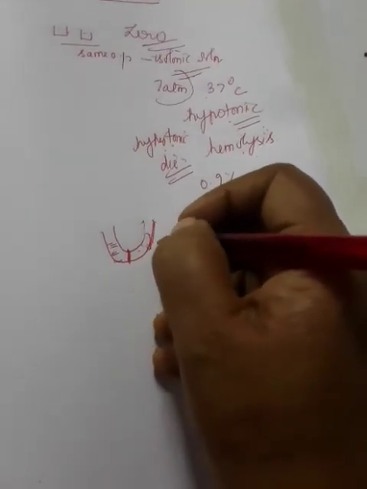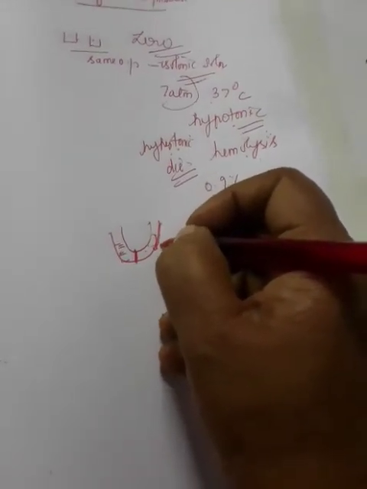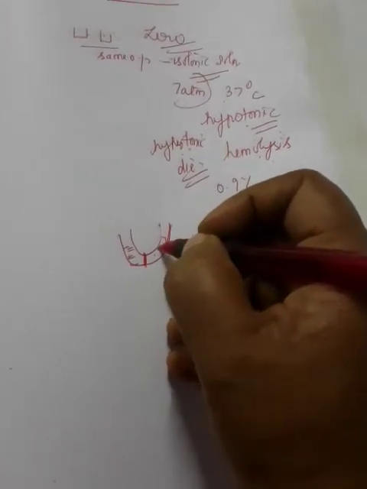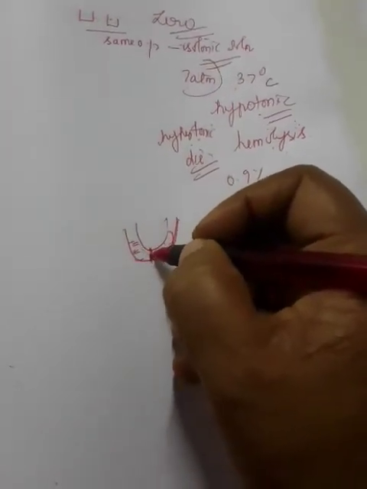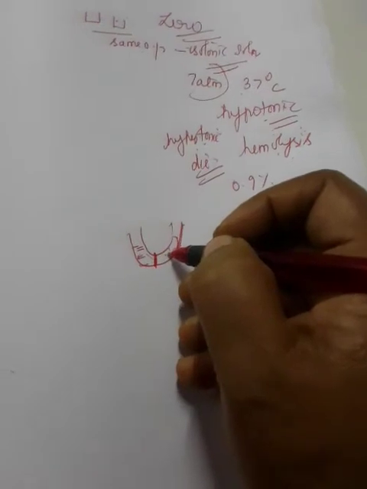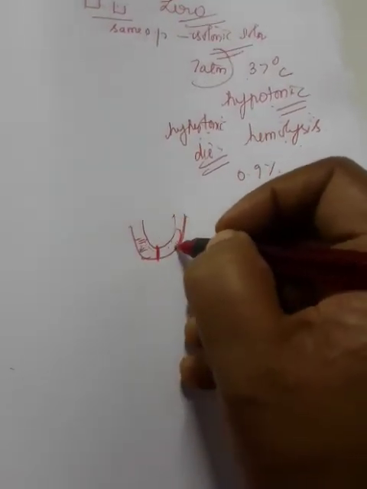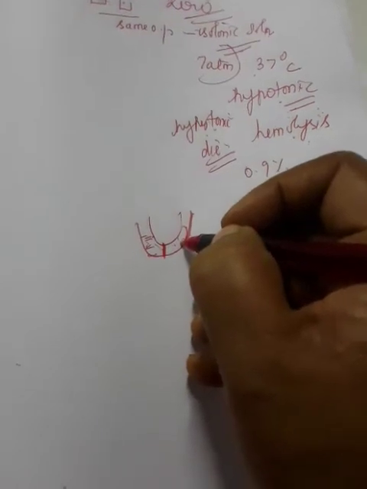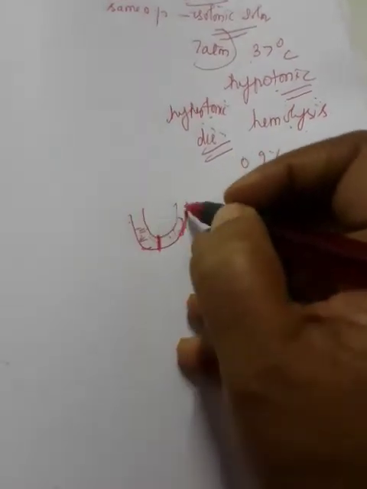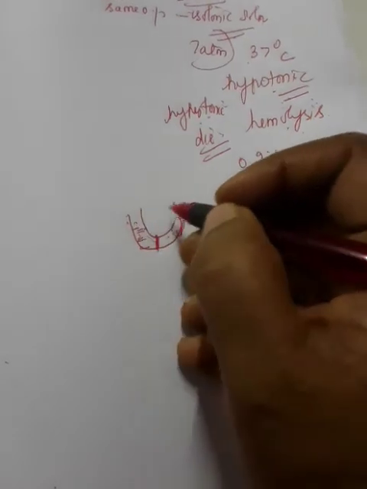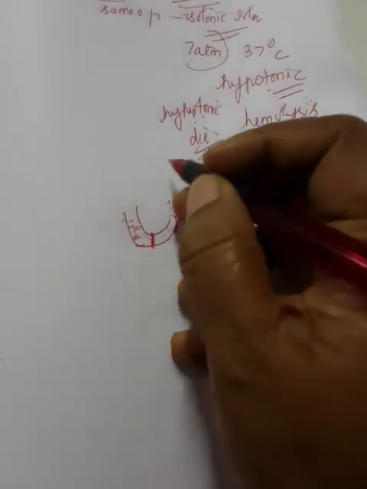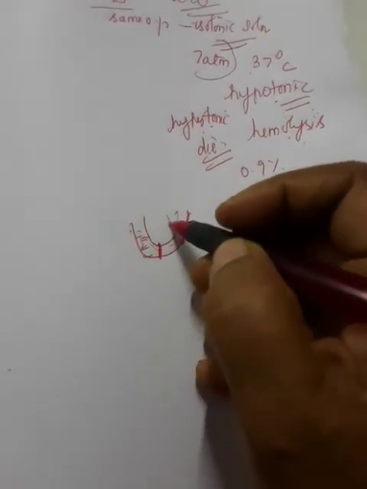Now, the pure water moves through the semi-permeable membrane to the salty water due to osmosis. This is the usual process. Water moves from here to here. Now, this process can be reversed by applying pressure on this side which is greater than the osmotic pressure.